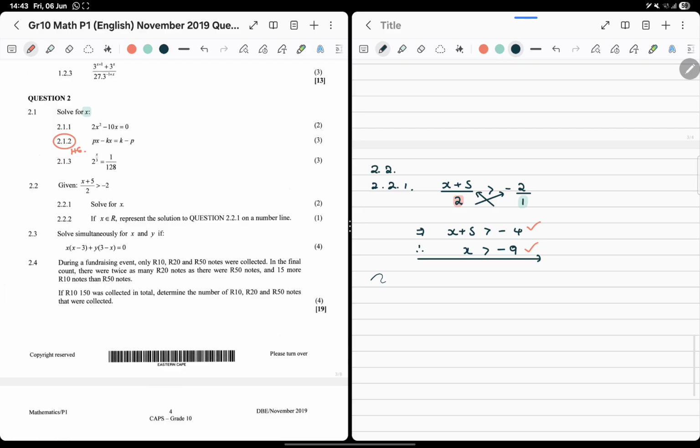So we've got 2.2.2. If x is an element of real numbers, represent the solution for 2.2.1 on a number line. That's easy. So we can have here minus 9.